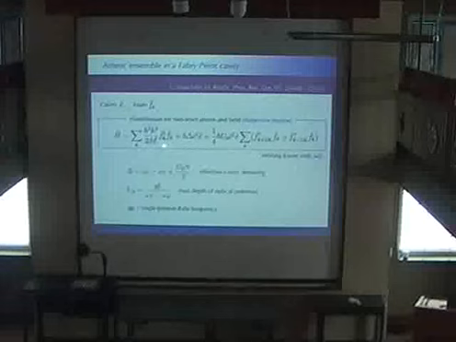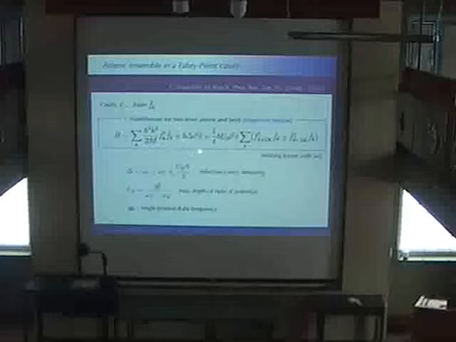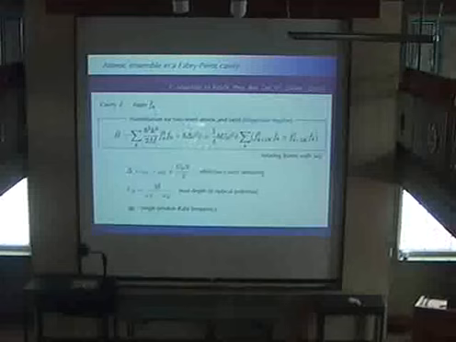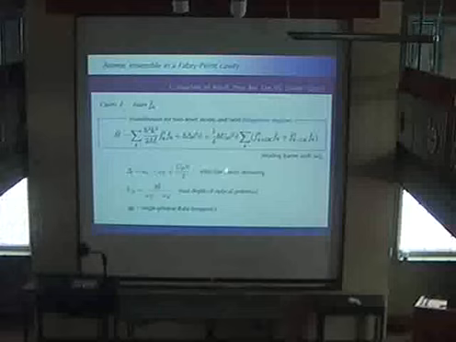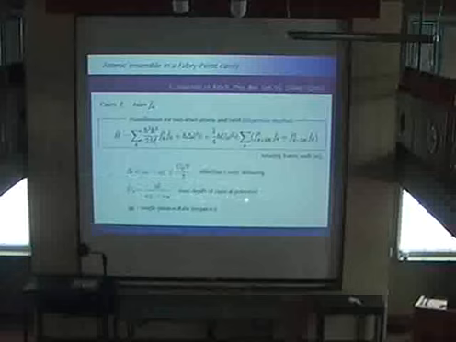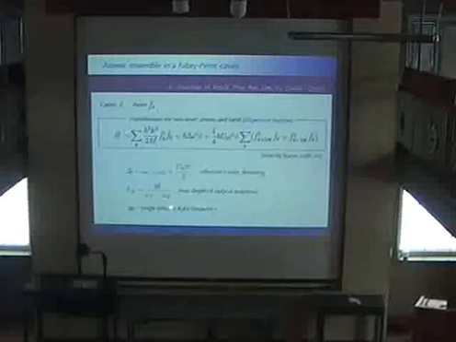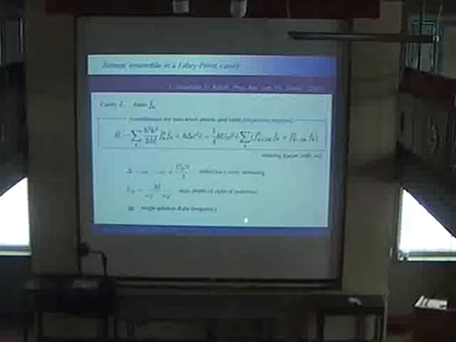The first term is just a summation of the kinetic energy of each atom, and the second term is the cavity, where delta is the effective cavity detuning and U0 is the maximum depth of the optical potential. This arises from the adiabatic elimination of the internal excited state, and g0 is the original single-photon Rabi frequency which appeared in the Jaynes-Cummings model.